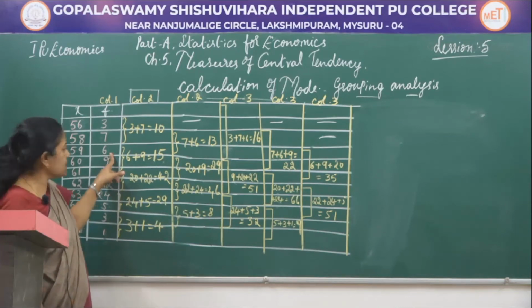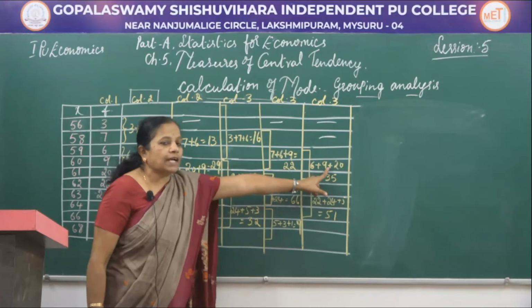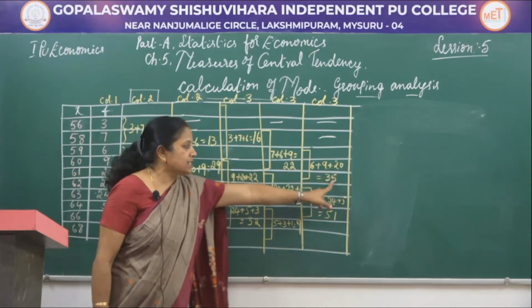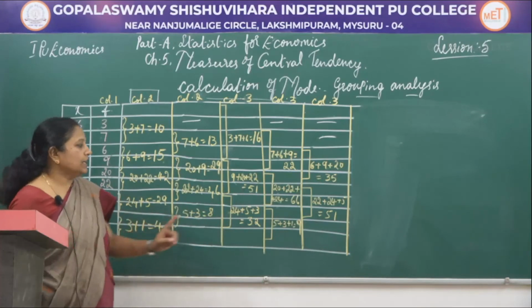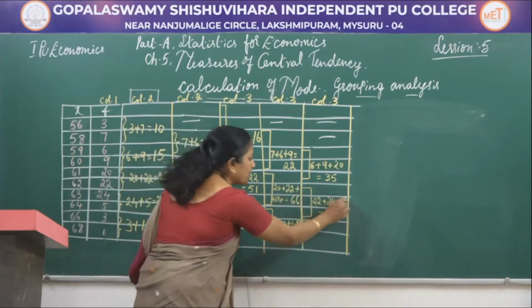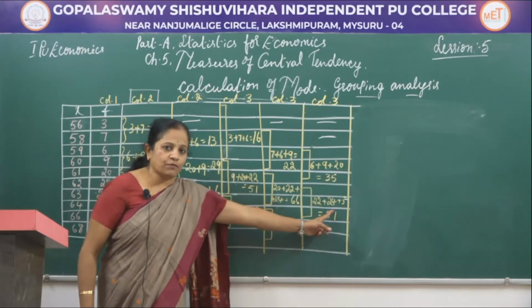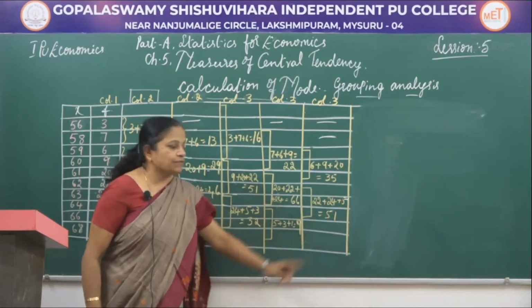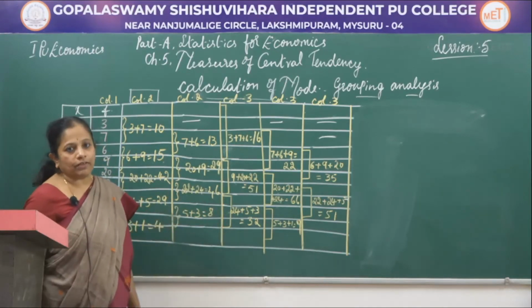It starts from 6: 6 plus 9 plus 20, that is 6 plus 9 is 15, plus 20 is 35. Then 22 plus 24 plus 5, that is 22 plus 24 is 46, plus 5 is 51. So like this we obtained the individual frequencies.